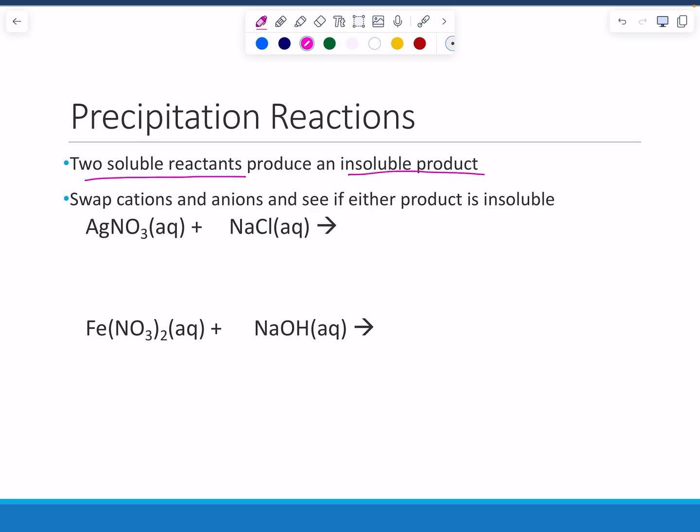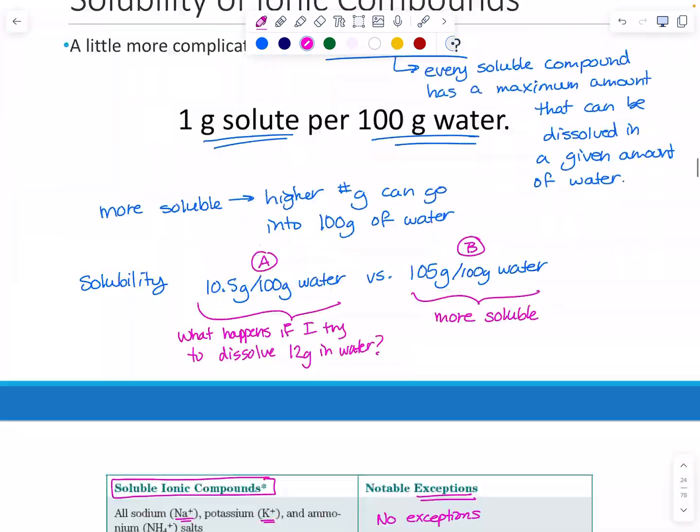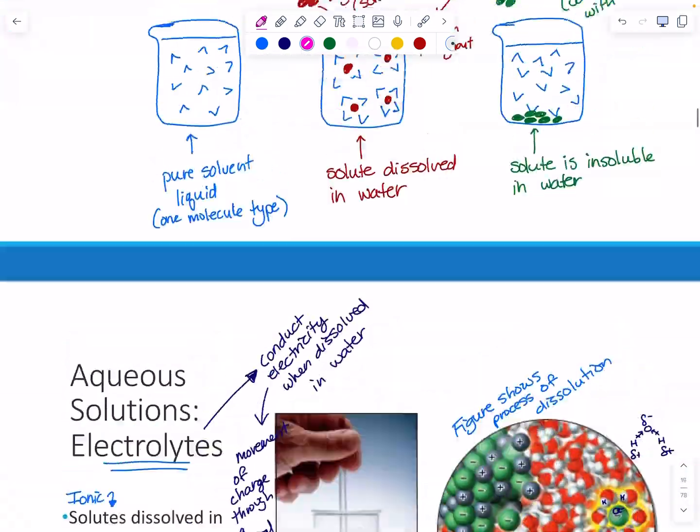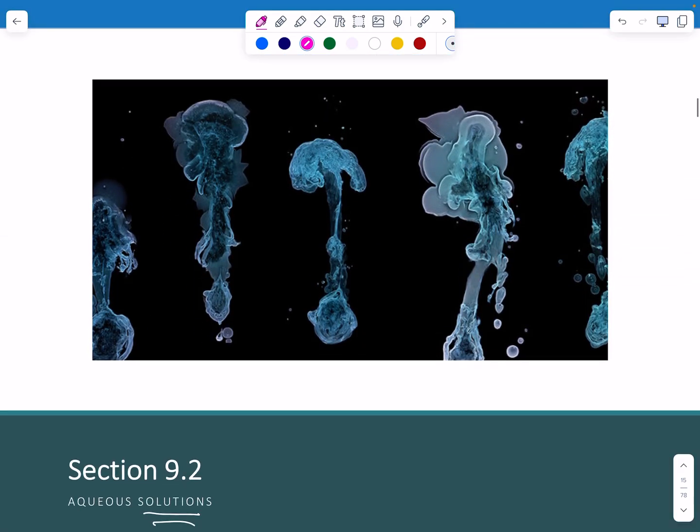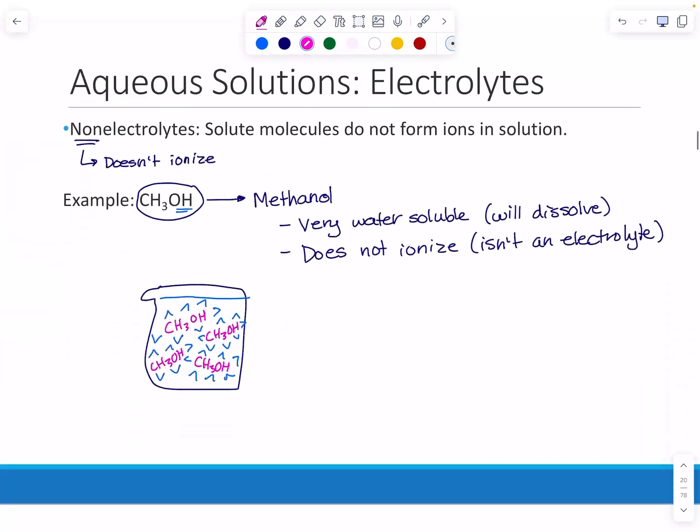And the thing that you see, on this slide here, is cloudiness forming in the solution. You see precipitation, something no longer being soluble.